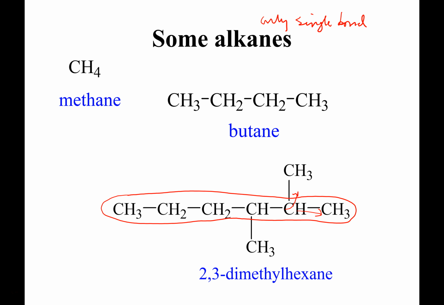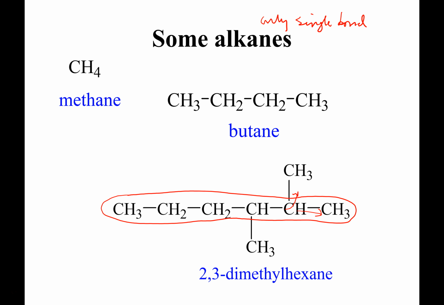What's 8? Oct. Yeah. I think 9 is non, N-O-N. What's 10? Dec. Yep, you got it. So you look for the longest thing, and so we're getting 6 carbons. So it's going to be a type of hexane.